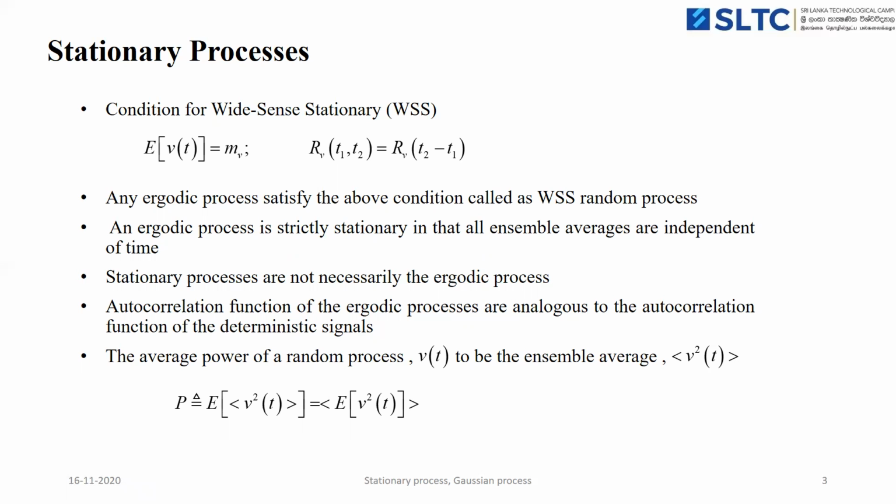If it is satisfied, then the random process is called strictly stationary, which means that for any number of random processes, the average value does not depend on the time. In that case, we can say that the given random process is strictly stationary. It is totally independent of the occurrence of the time.